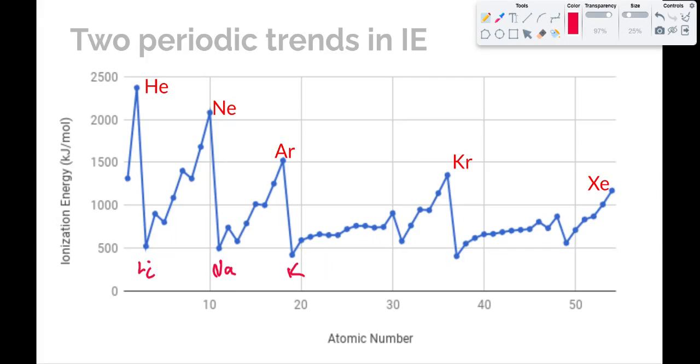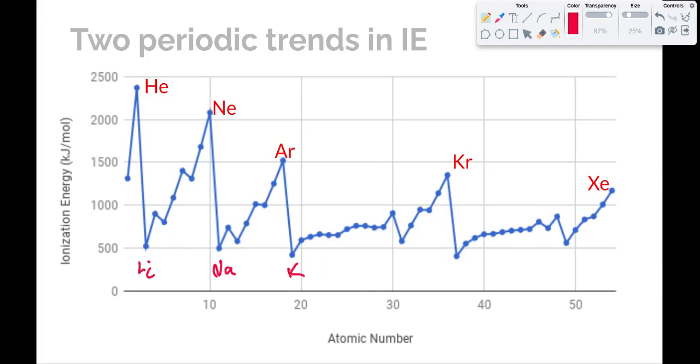As we go from left to right across a period, what's happening is the effective nuclear charge is increasing while the radius is staying pretty much the same, but actually shrinking a little bit, because we've seen in our last few slides that as we go across a period, the radius is shrinking a bit.